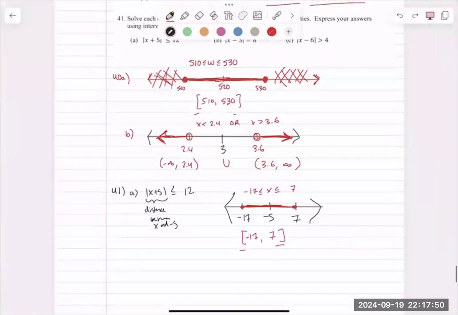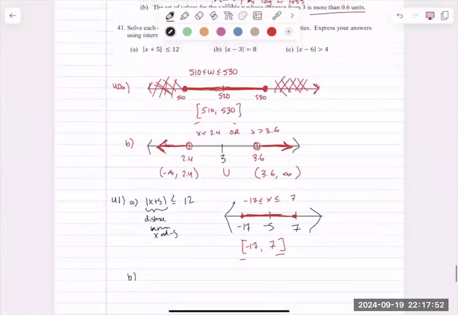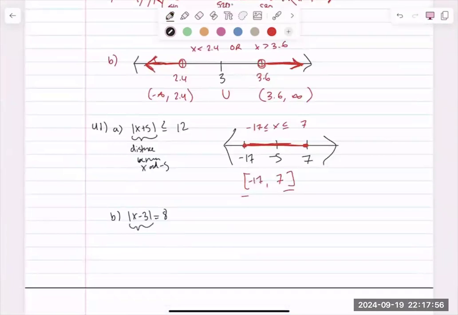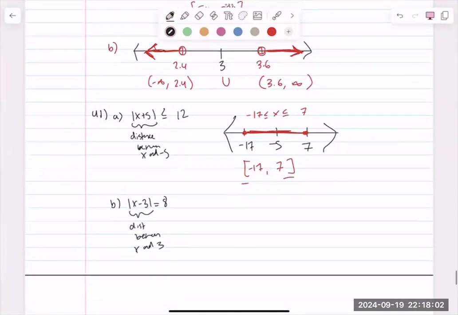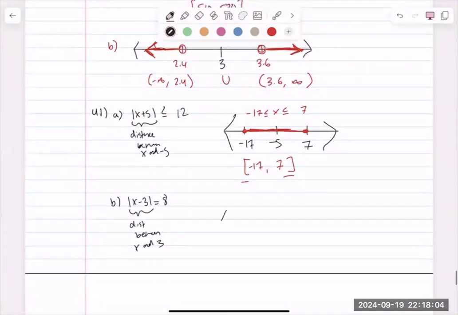So part B is saying the absolute value of x minus 3 equals 8. So again, this is the distance between x and 3. We're saying that's equal to 8. Let's draw a number line.